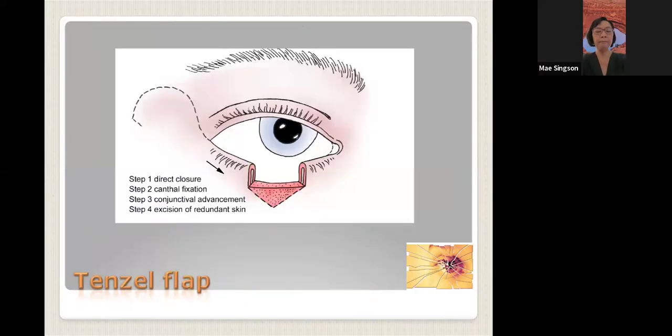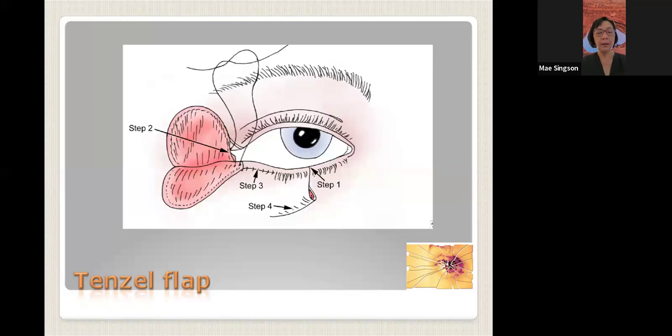Next. This is an example of a tensile flap. So without disinserting your lateral canthal tendon, you can just use a long semicircular incision, advancing it to the other side of the defect so that you can close it directly. Next, please.